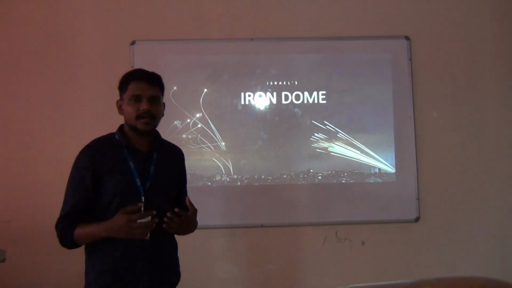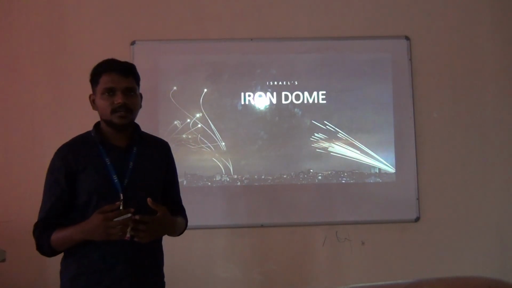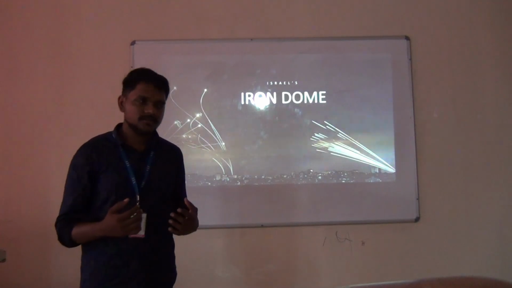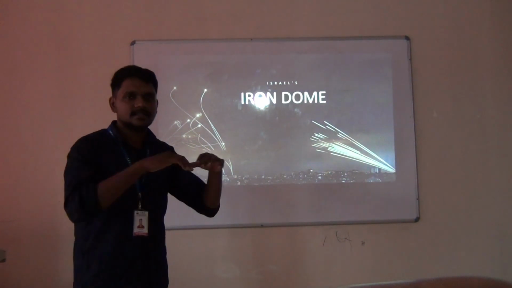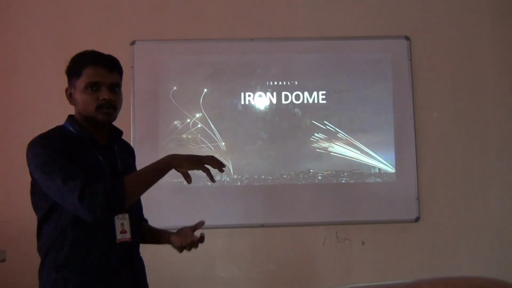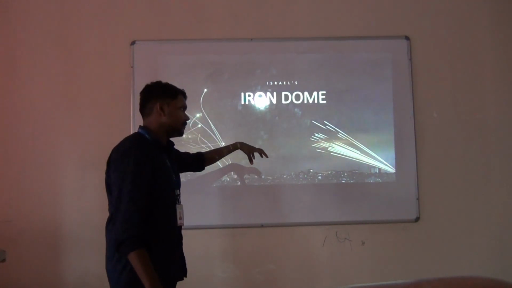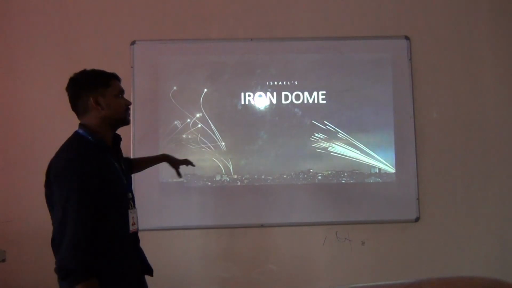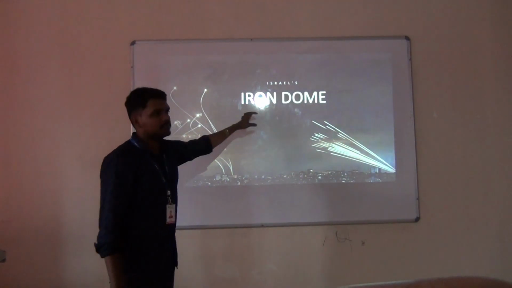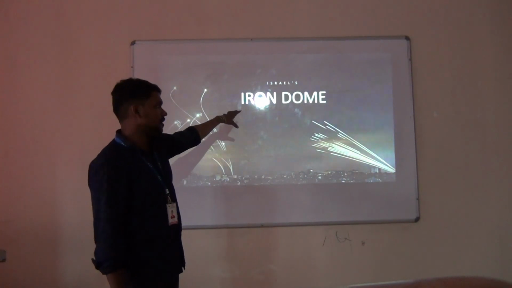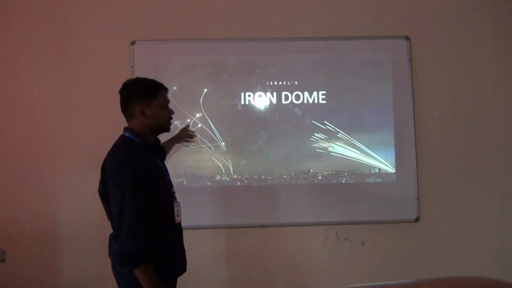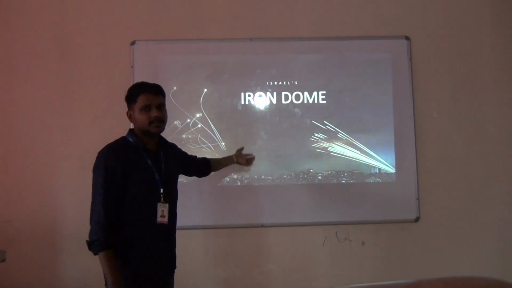So Israel has the radar technology which resembles an iron dome. Iron Dome is nothing but an iron castle. It's a cover which is put over Israel. If any enemies like missiles, enemy aircraft, or any unwanted activities come to our region, then they will get affected.